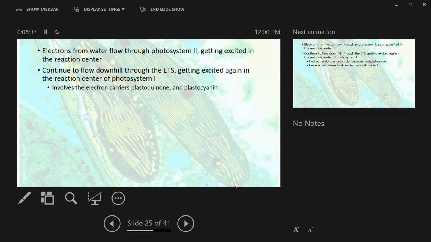But your first electron acceptor is either complex 1 or complex 2, depending on whether the electrons came from NADH or FADH2. So that's two of them, complex 1 and complex 2. And then complex 3 and complex 4, and the final electron acceptor in cellular respiration is oxygen.